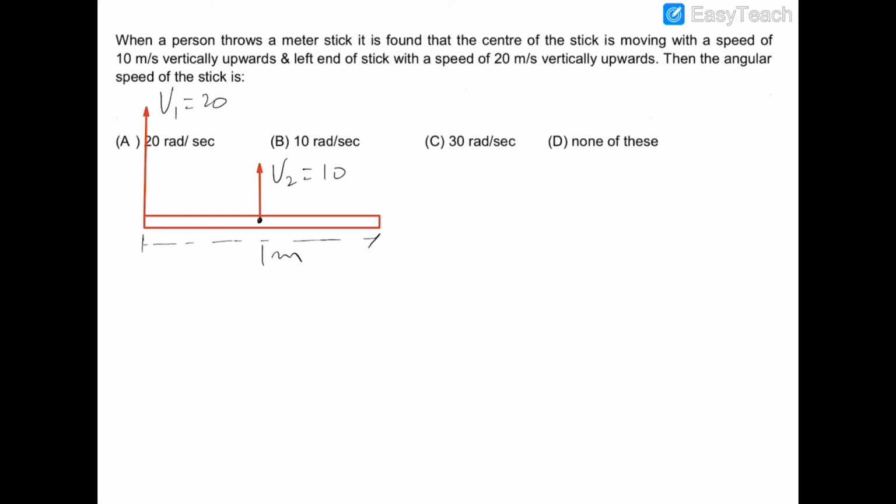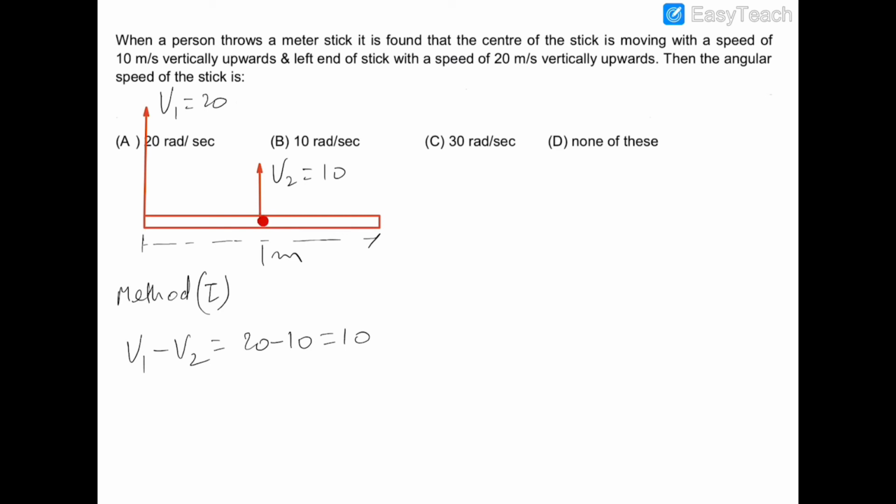Now I'll show you how to calculate these kinds of questions by two methods. So method 1 is the relative velocity, v1 minus v2, which is equal to 20 minus 10, and that is equal to 10. And the moment I have calculated the relative velocity of v1 with respect to v2, I consider this center point as the axis of rotation, and I consider it to be at rest.